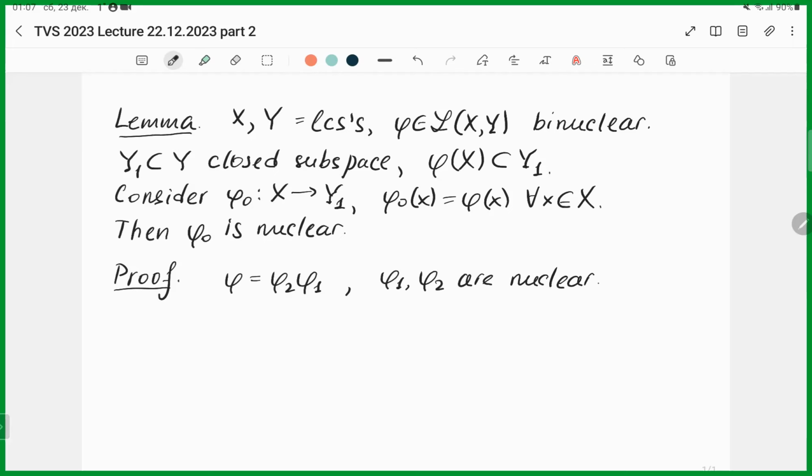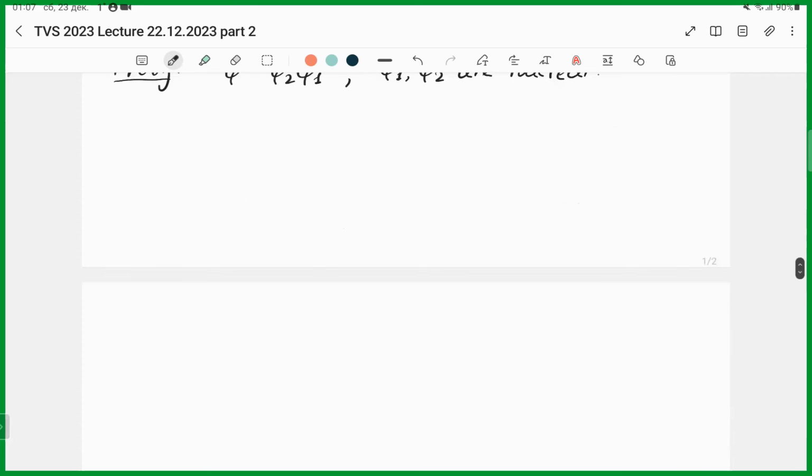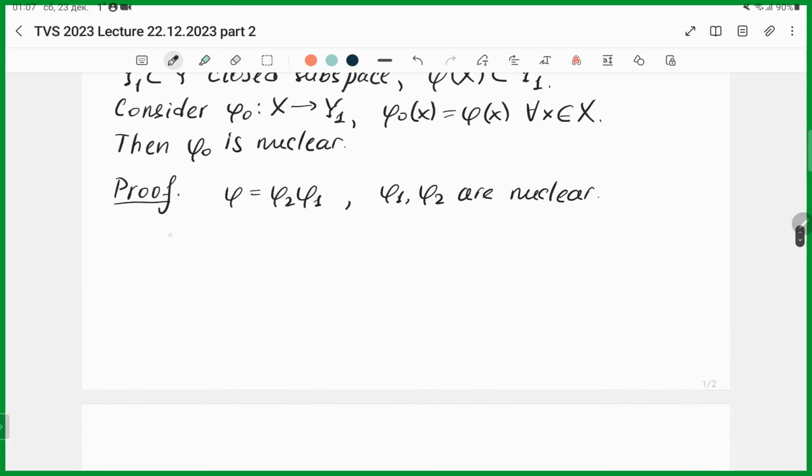And we look at the following picture. So this is X. This is phi 1. It acts from X to some space Z. And we factorize phi 2 through a Hilbert space. So we have a Hilbert space H here, and two maps, say alpha and beta, such that phi 2 is their composition. This is phi 2.